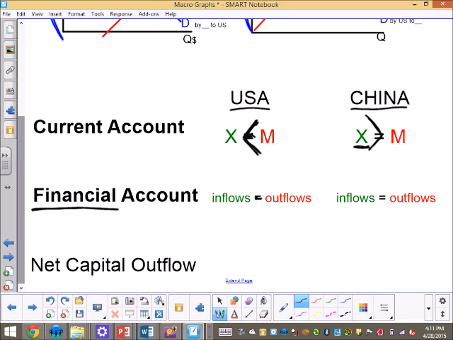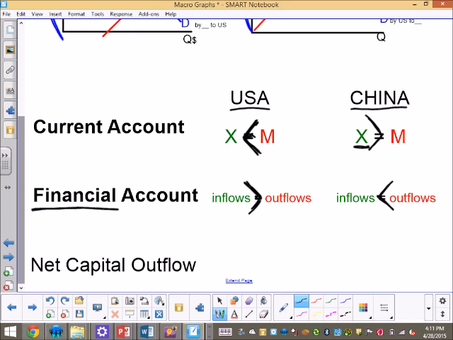What are they going to do with those US dollars? They're not going to keep them. They're going to invest them, buy American bonds or assets, including bonds. So that means China is going to have large outflows, whereas the U.S. then must have large inflows.